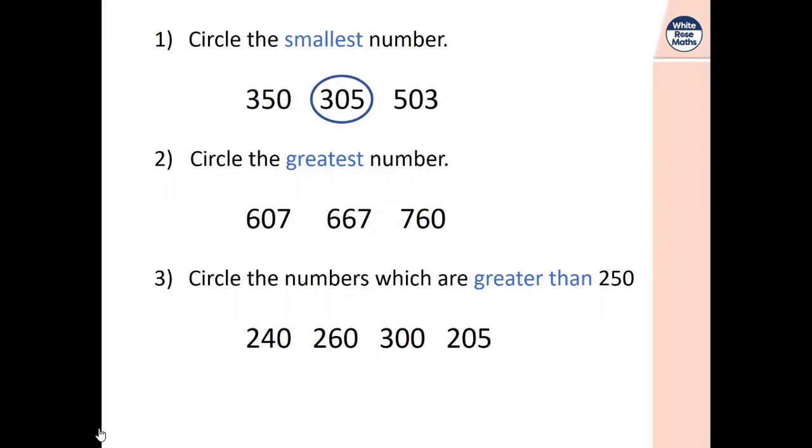This time we need to circle the greatest number, 760. And question 3. Circle the numbers which are greater than 250. So 240, no, that's less than 250. 260 is greater, 300 is greater, and 205 is less than 250.